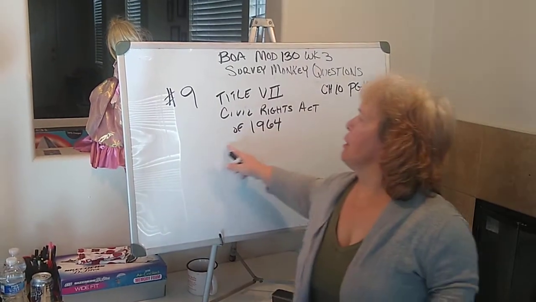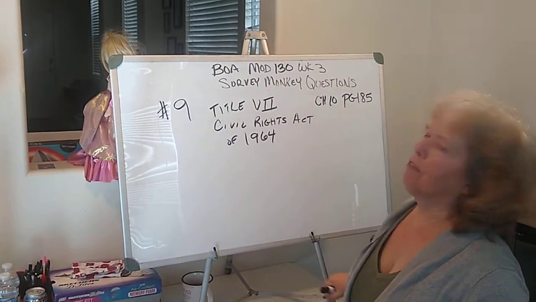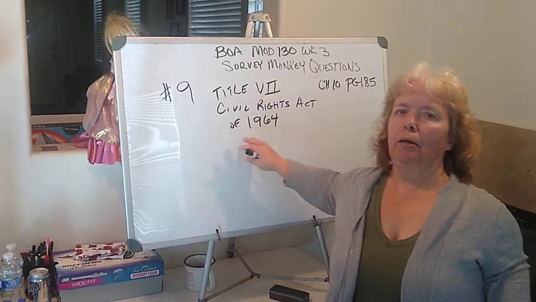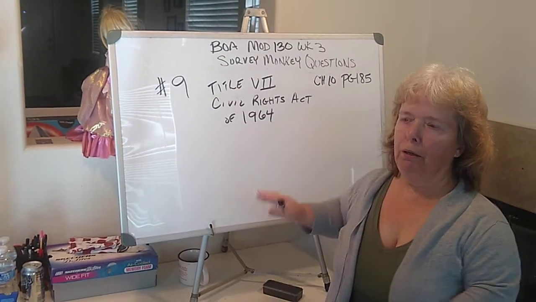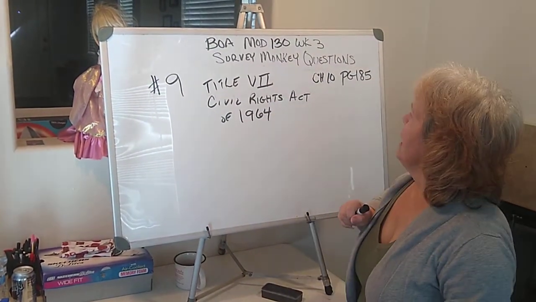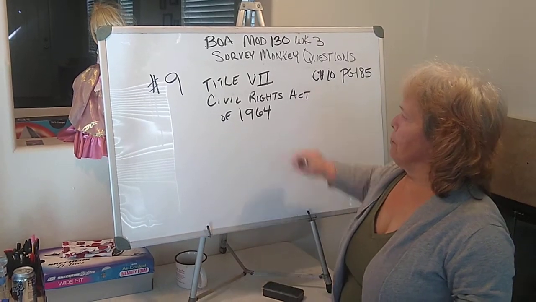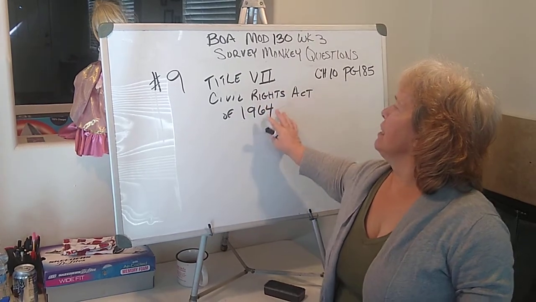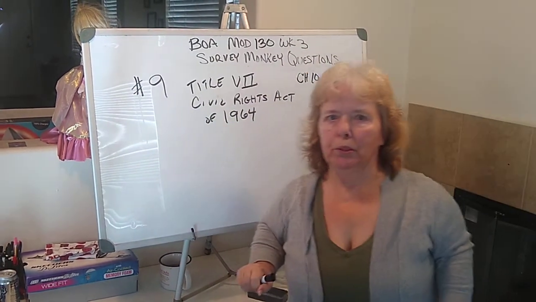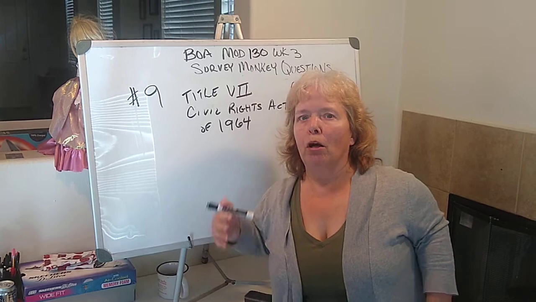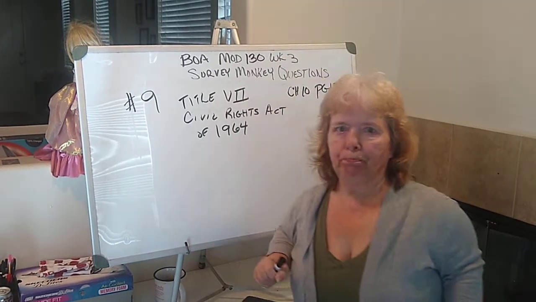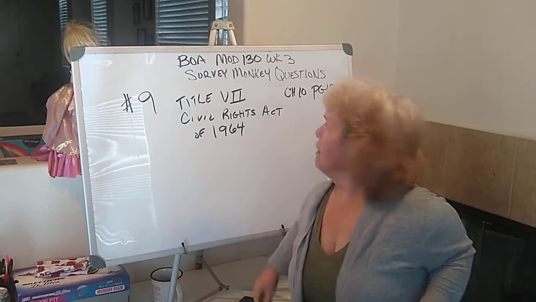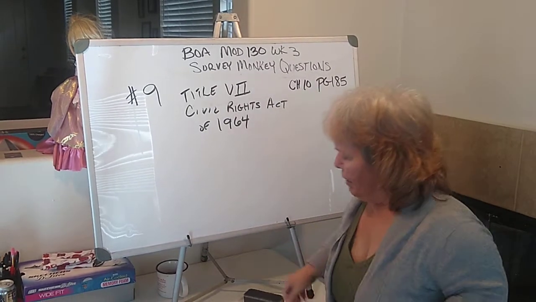And this was created around the time of the civil rights movement in the 60s. It's where Martin Luther King came out of, and a few other people. So anyway, it is the Civil Rights Act that created equal opportunities or created a law prohibiting discrimination. Okay? So that's number 9. Chapter 10, page 185.